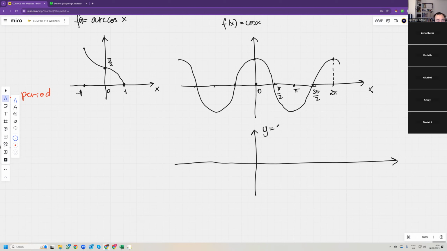So this is y equals arc cos of cos x. Well, let's start with 0. Cos 0 is 1. So arc cos 1 is 0. So we start from 0. Interesting. As x increases, cosine decreases.